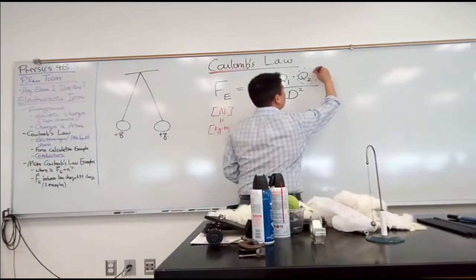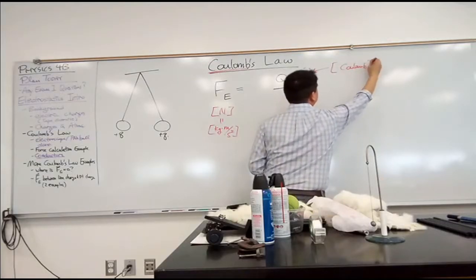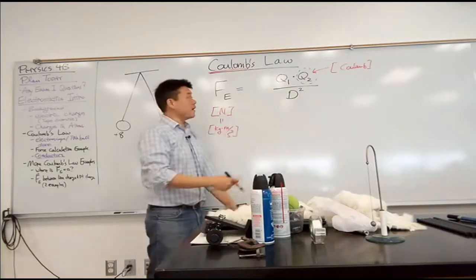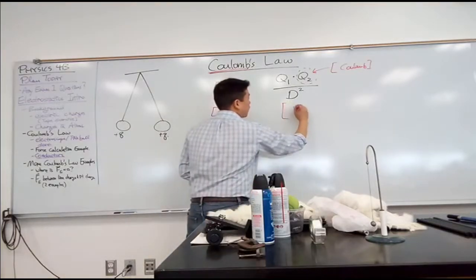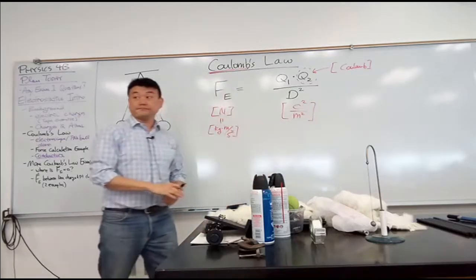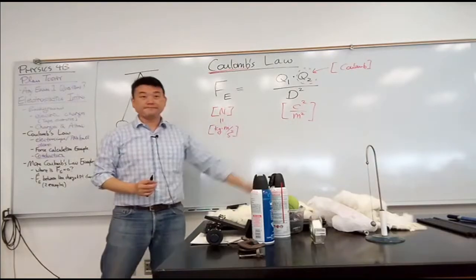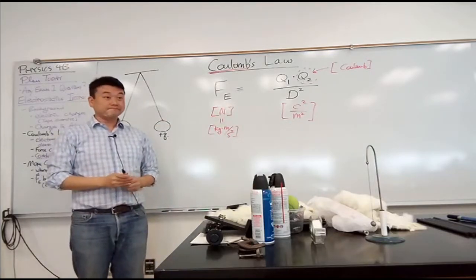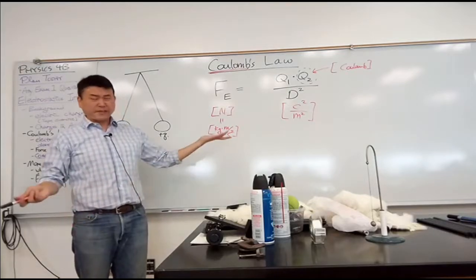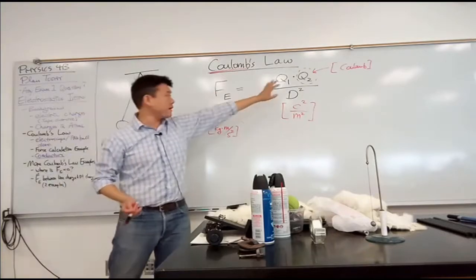So these charges come in units of Coulomb, or capital C. So the units on the right-hand side so far are Coulomb squared per meter squared. Do these look like the same units? Nope, not at all. So how do we fix this so that we can say the left-hand side is equal to the right-hand side?